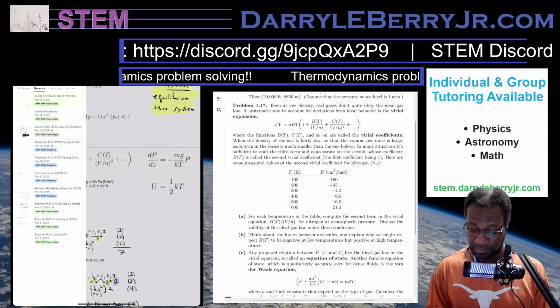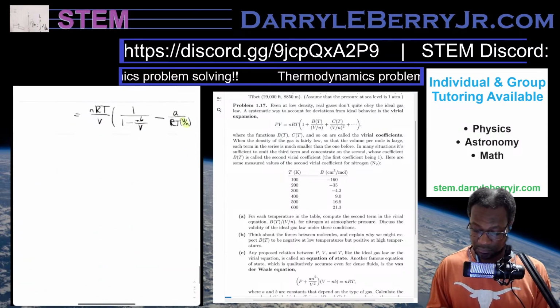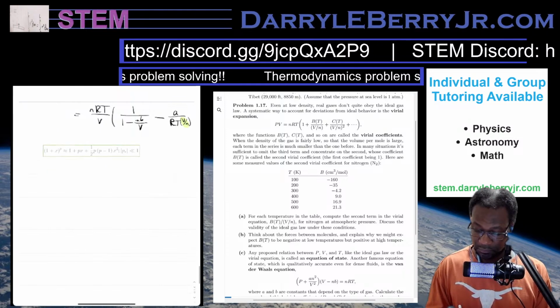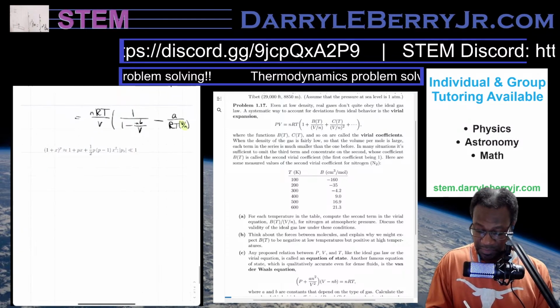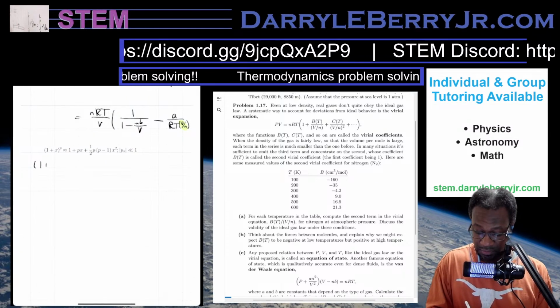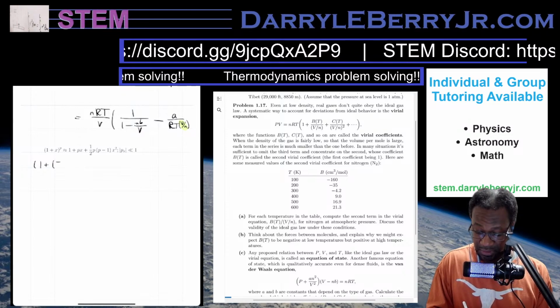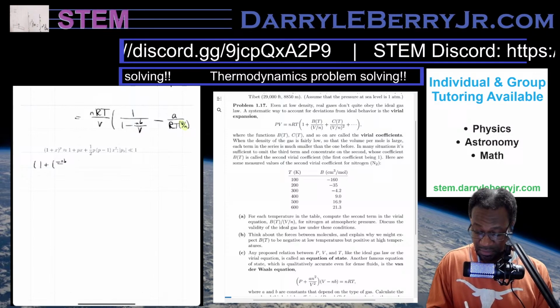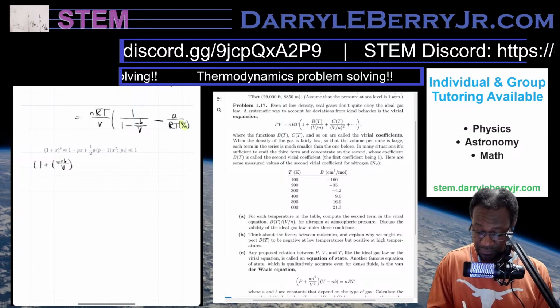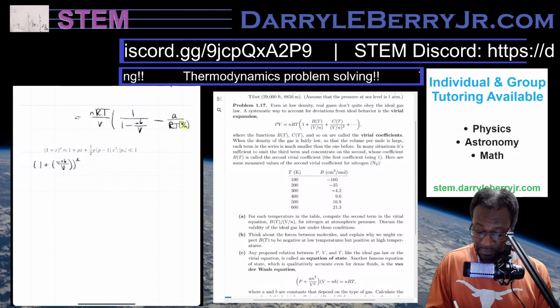See if it works. So we're going to expand 1 plus negative NB over V to the 1.